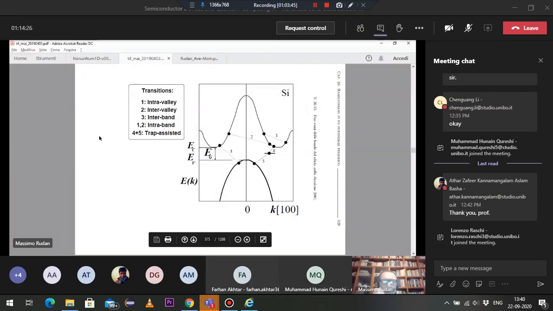Okay, so we start again now, considering again the figure of the two bands of silicon.